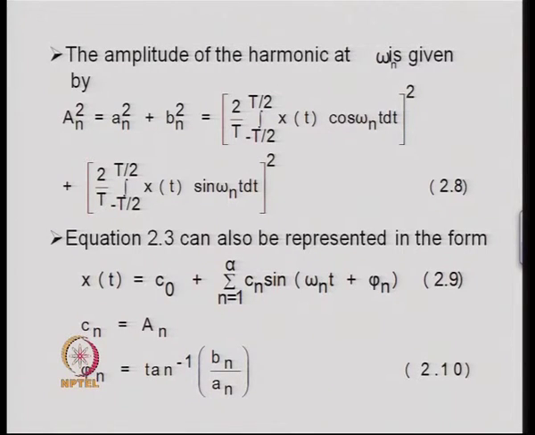C_n is the same as computed in equation 2.8, and phi_n is tan inverse of, not b_n by a_n, it is wrongly written over here, it will be a_n by b_n.